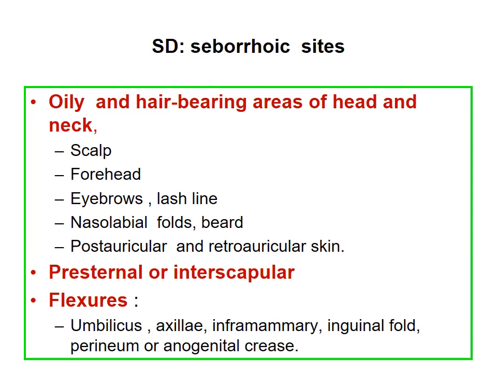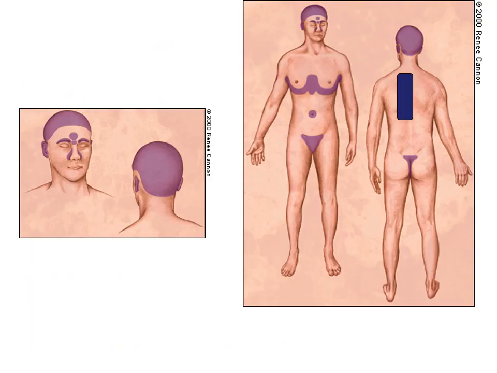Also the presternal and interscapular areas and flexures, like the umbilicus, axilla, inframammary, inguinal fold, perineum, and anogenital crease. These pictures illustrate these seborrheic sites I just mentioned.